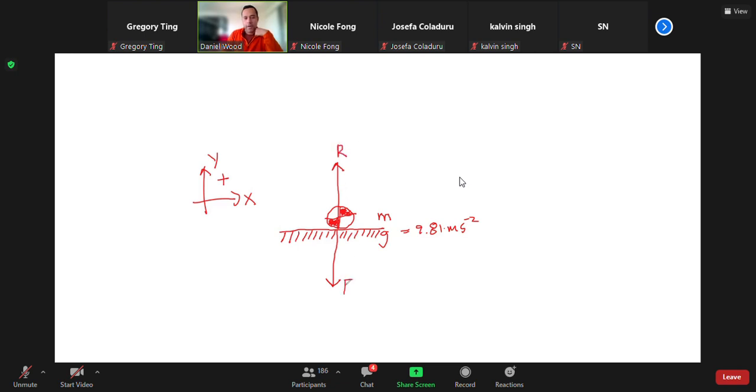Here I have an applied force equal to M times G, which is equal to mass times gravity, which will have units of newtons. Up here I've got a reaction force acting vertically up, and that will be equal to, I don't know. But let me be clear, this is not a free body yet.